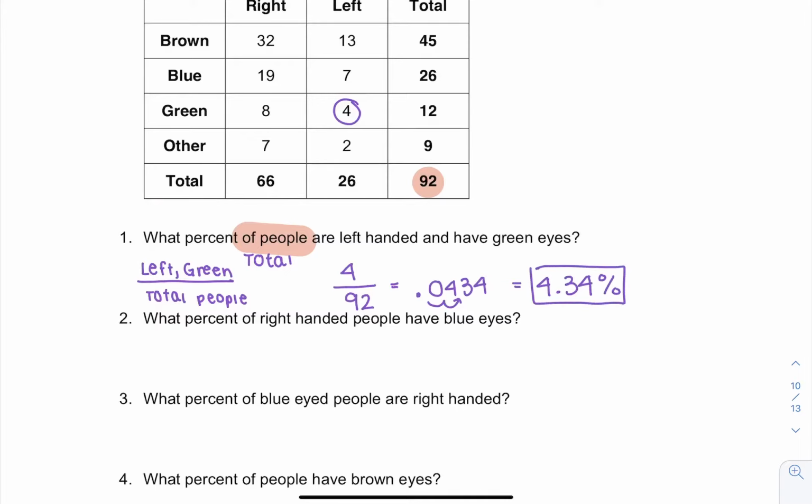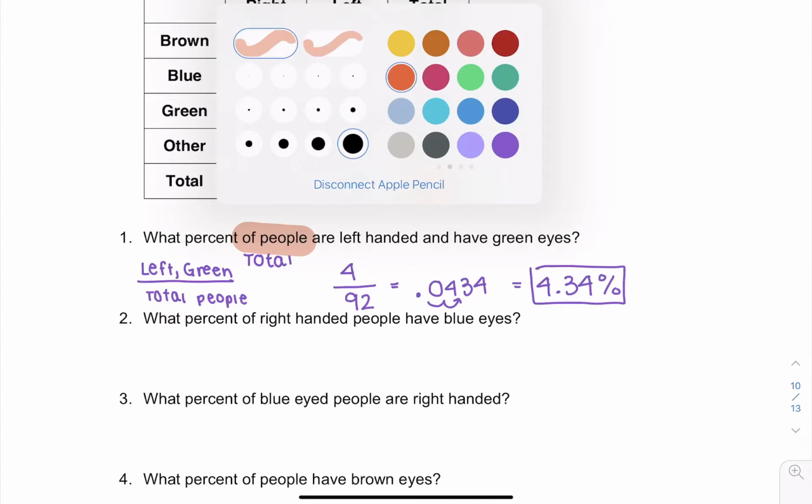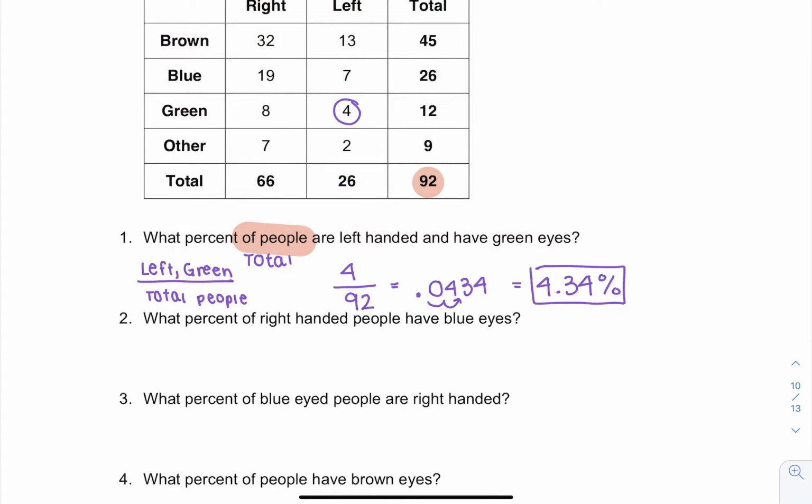Let's try another one. So in this next example, it says what percent of right-handed people? So now our total is out of all right-handed people. And it asks how many have blue eyes. So blue eyes out of the right-handed people. Now this is where we have to be really careful.